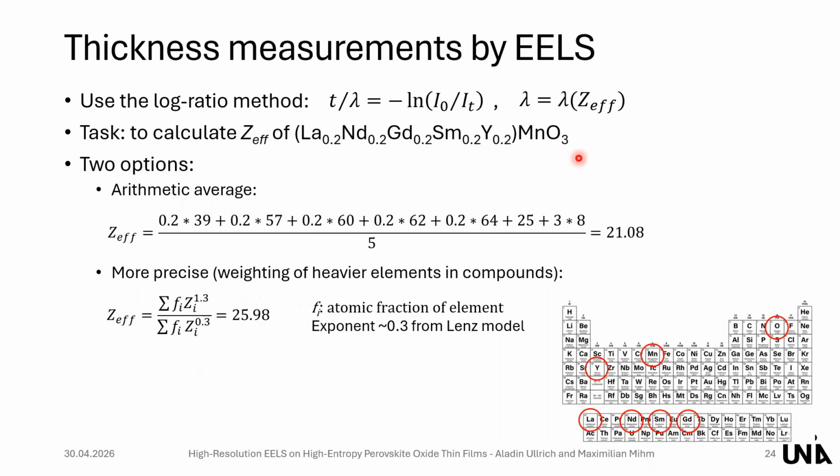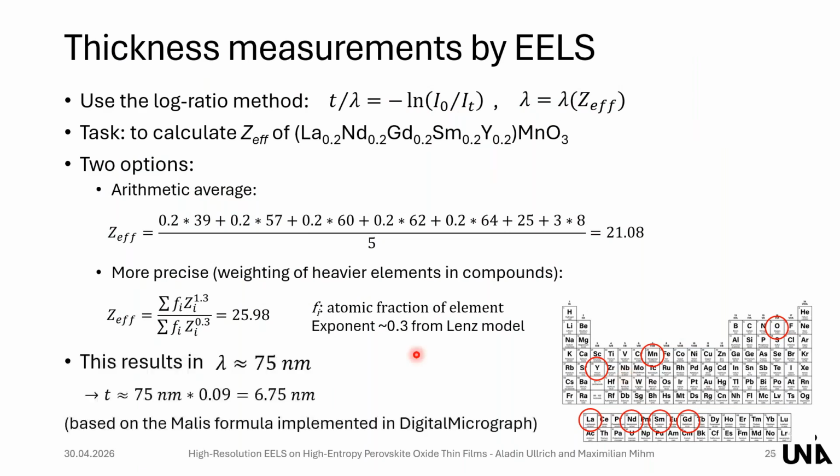And you see we have light elements like oxygen, but also heavy elements like the rare earth metals and some in between. We did it this way, applying this formula and then using the formalism implemented in Digital Micrograph based on the Malis formula, and we end up with a lambda of 75 nanometers.